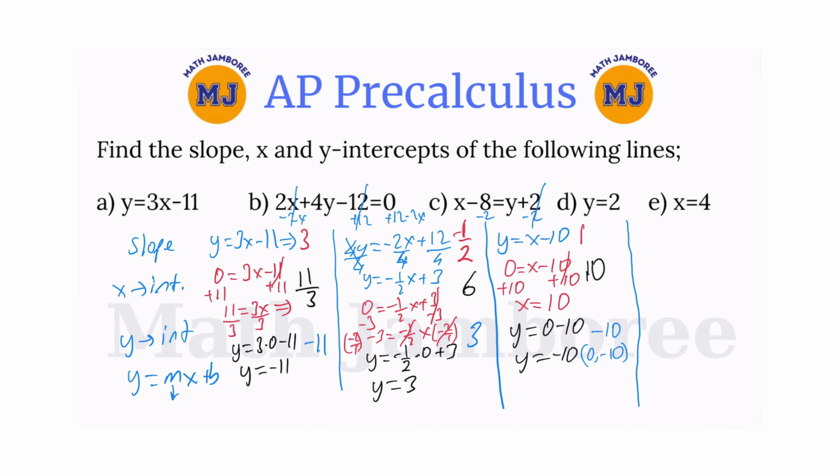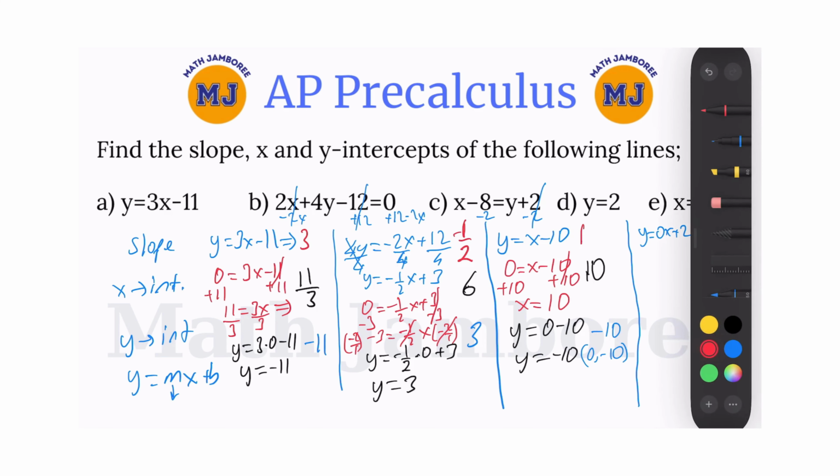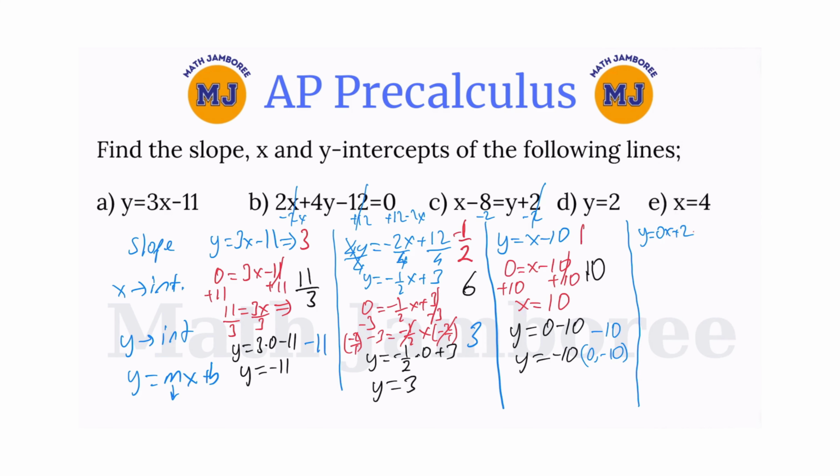And for choice D, this is as if y equals 0x plus 2, right? The number in front of the x is then 0. The slope is 0.